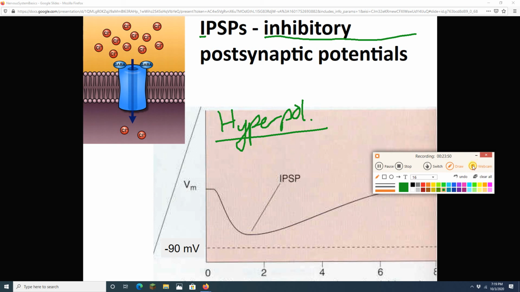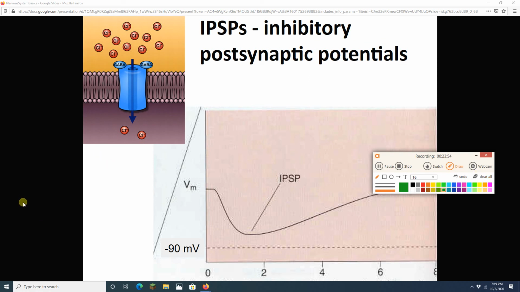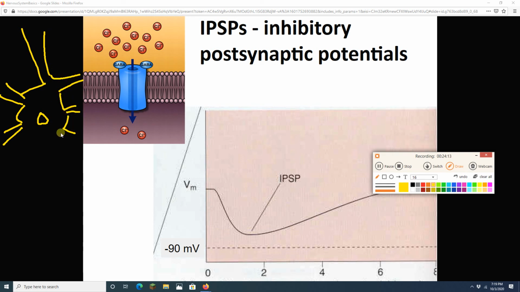Okay, we're figuring out how neurons send signals. Just going to draw a neuron real quick. Give me a nucleus, give me some cell body, give me some dendrites. So I've drawn nothing but dendrites so far. And now I'm going to give this guy an axon.